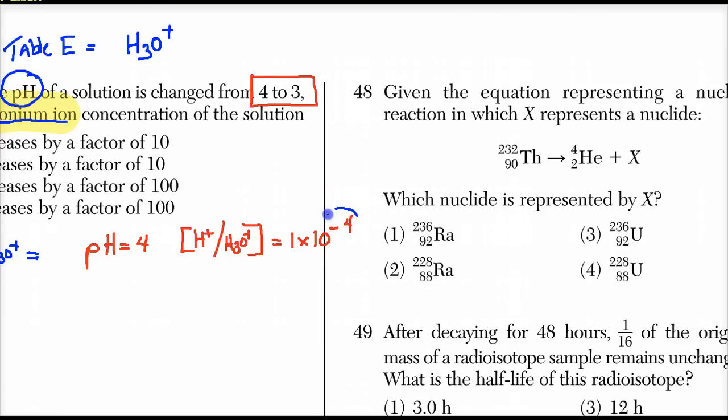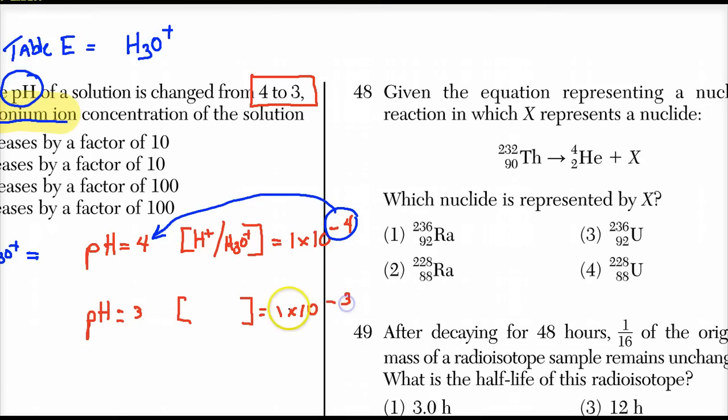Notice that's where the pH comes from. What a pH really is, is the positive value of an exponent, but it's an exponent nonetheless. A pH of 3 means that this same concentration is equal to 1 times 10 to the negative 3. That's where I get that 3 from.